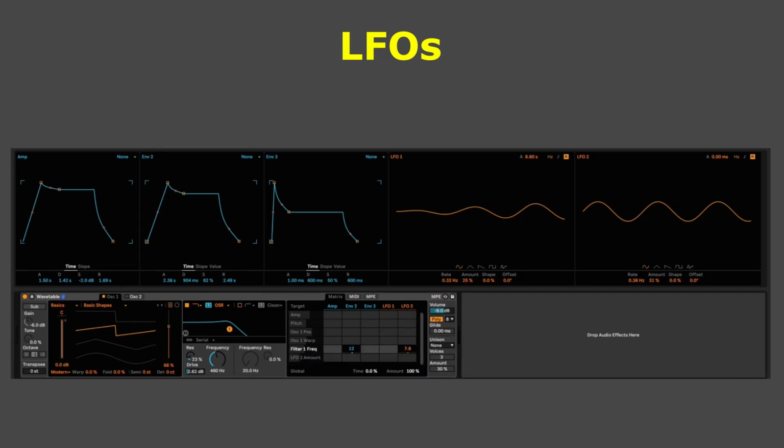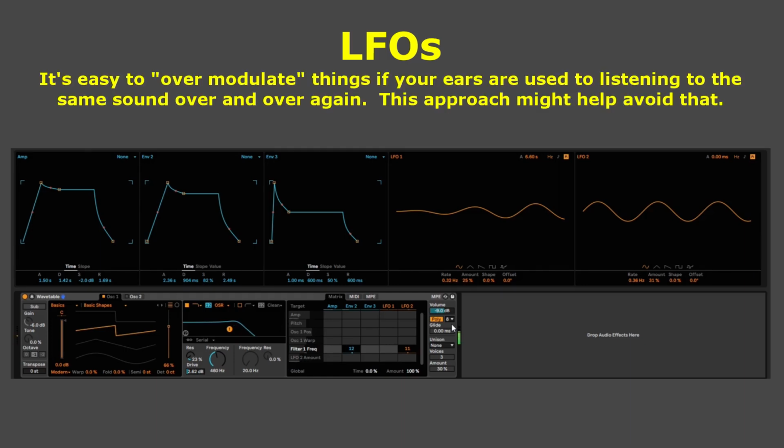Let's start with LFO2. The way I like to determine how much modulation depth to set for these is to just listen to the sound, and listen to where it starts to sound really obtrusive and obnoxious and you really notice it. So like there, and then dial it back to about half of that.